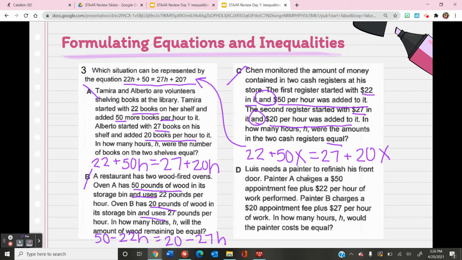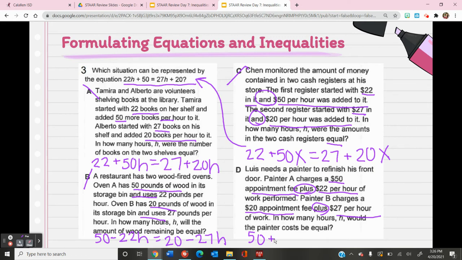So it says Luis needs a painter to refinish his front door. Painter A charges a $50 appointment fee plus $22 per hour of work performed. Painter B charges a $20 appointment fee plus $27 per hour of work. And how many hours H would the painter's cost be equal? So looking at Painter A, they charge you $50 for the appointment.